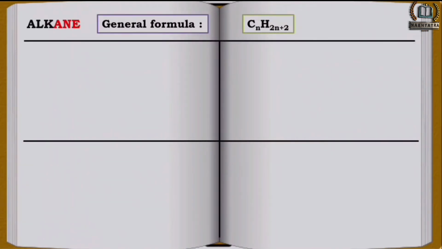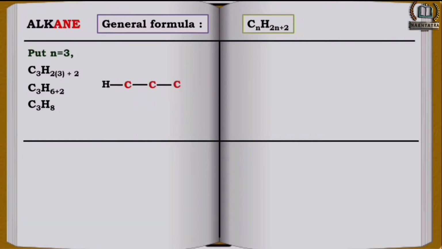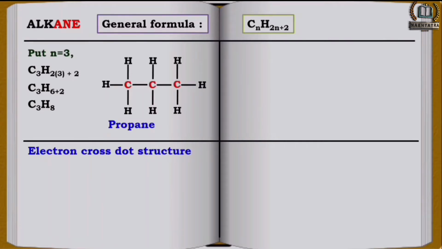In the next slide, we will see by putting the value for n equal to 3 in the formula, we will get C3H8. So let's see what the compound will be. Since there are 3 carbon atoms, it will be propane.